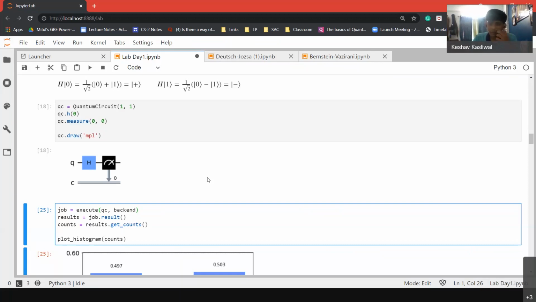As I just showed you, I took 10 shots and got the probability to be 0.3, 0.7, right? Now when I did it for 1024 times, it automatically converts to 0.497 and 0.503. So as you go on increasing the number of shots, that would truly converge to 0.5 and 0.5 as well.